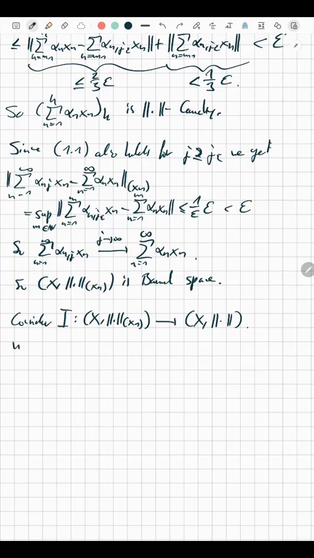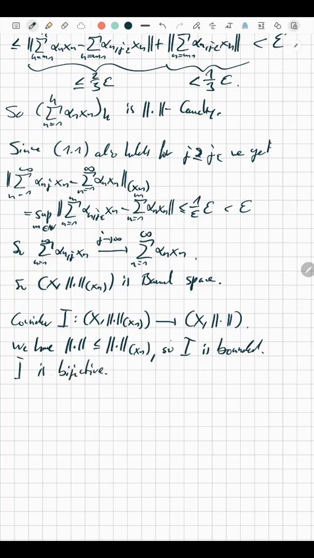Now we have that the original norm is smaller than the new norm. Thus, I is bounded. And obviously, I is a bijection.